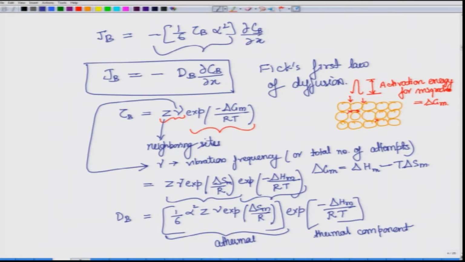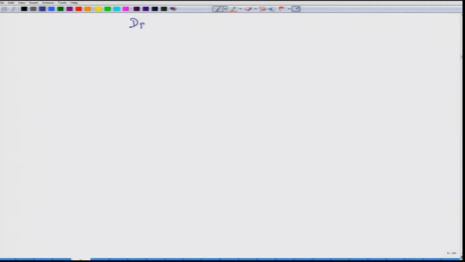So, let me rewrite this over here in a new page.